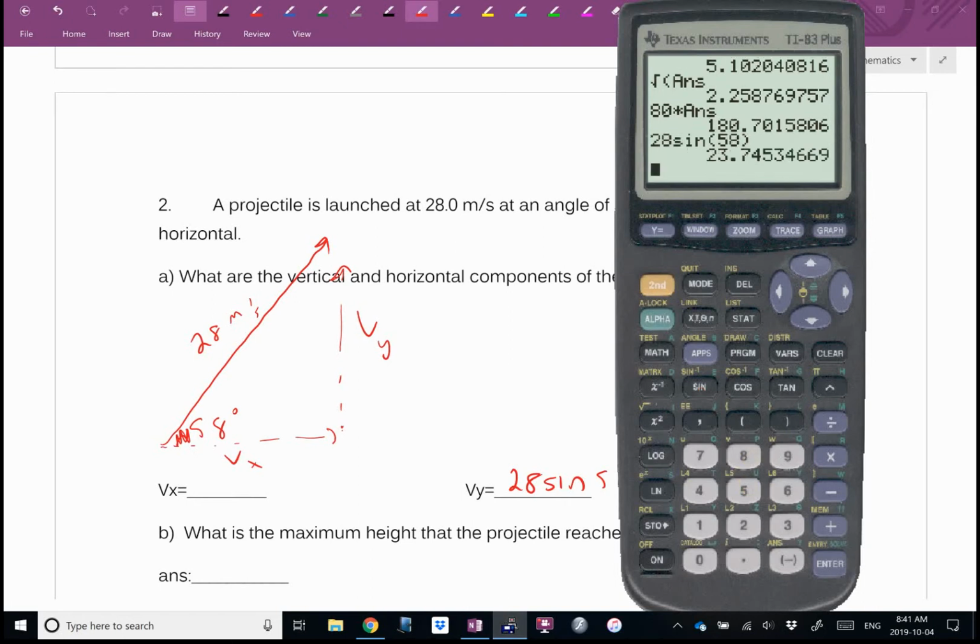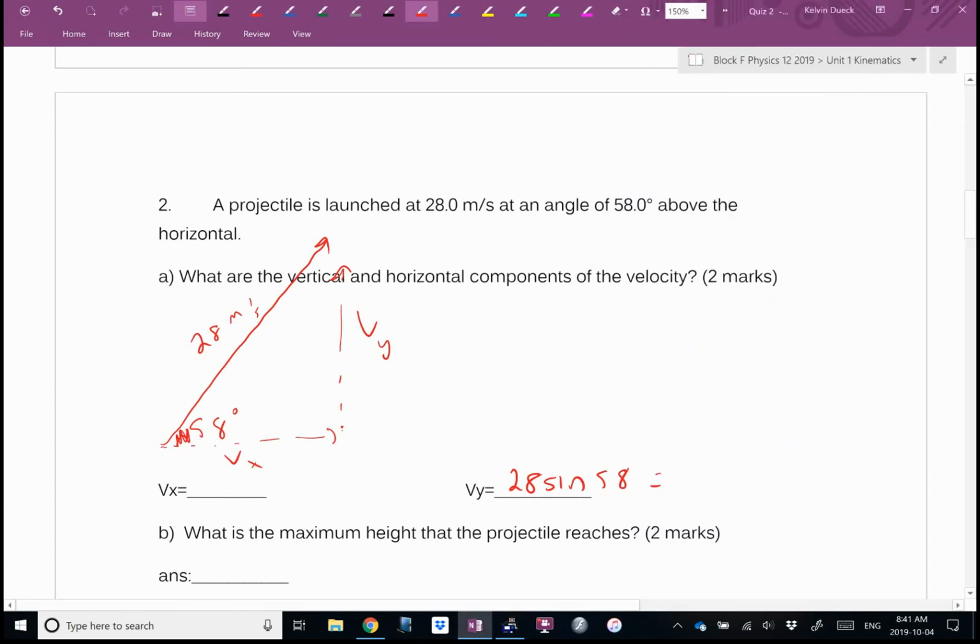23.7453. I'll give a final answer to 3 sig figs, but if you didn't do that, I'm not going to freak out. Where I will freak out is if you didn't put meters per second. I'll take a half mark off.